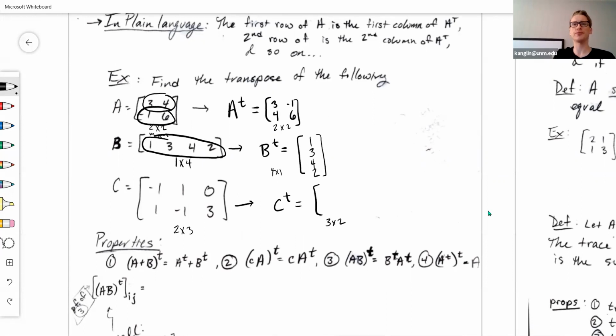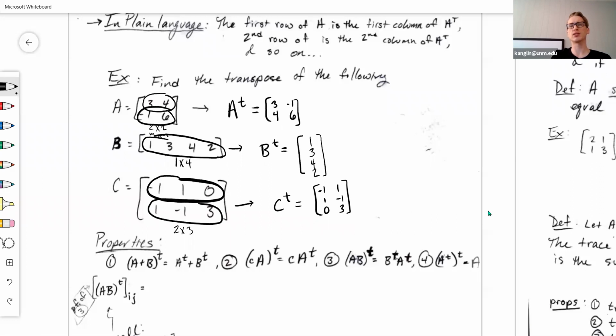First row of C becomes the first column of C transpose. Second row of C makes the second column of C transpose. I hope we're convinced that writing down a transpose really isn't that tough of an exercise. So long as we see this basic way that it works, it will always work this way.